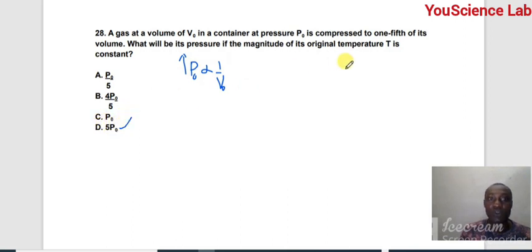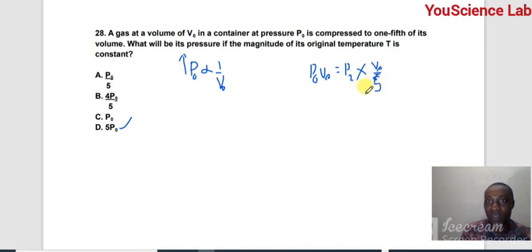You can also apply P1 V1 equals P2 V2. So the initial pressure is P0, V0 is the initial volume, is equal to P2 times V2. V2 is V0 divided by 5 because we are told that it is reduced by 5.